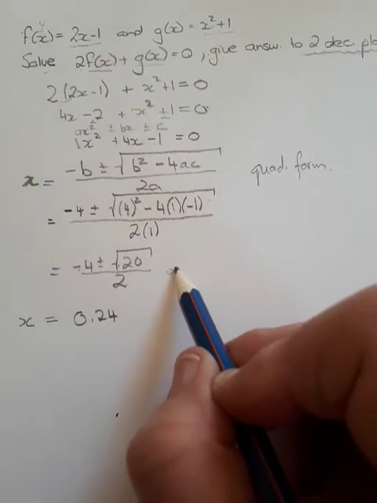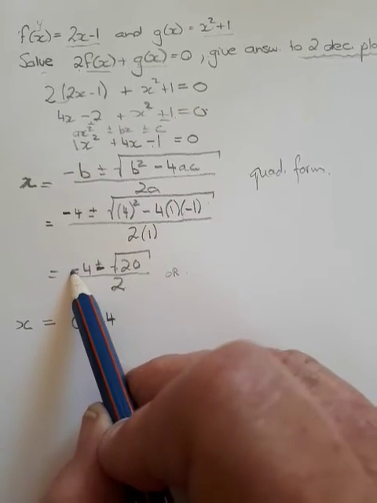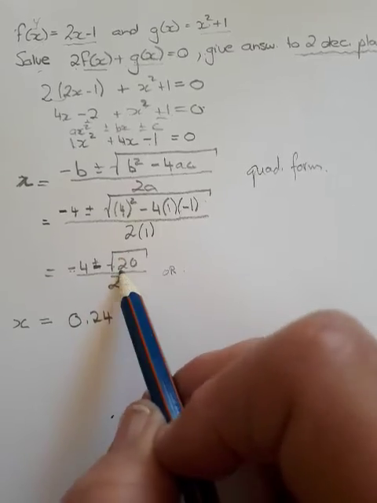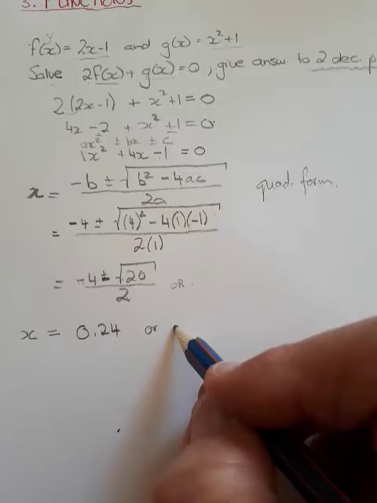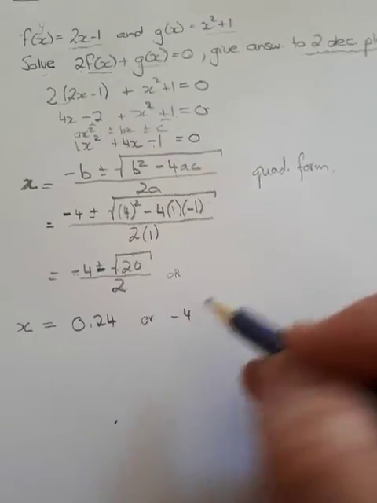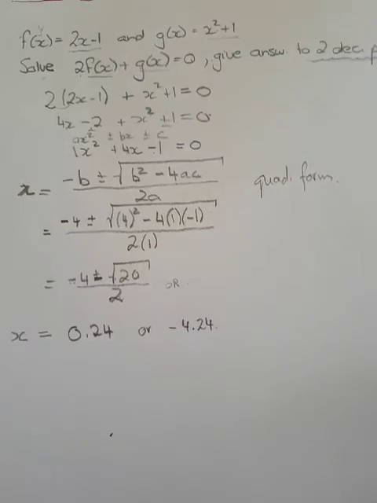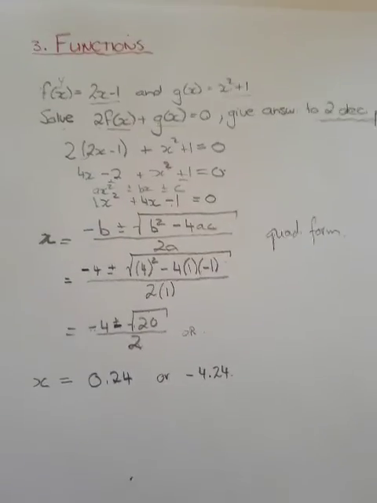Or the other possibility is where we use this minus. So you have negative 4 minus the square root of 20 divided by 2, and if you calculate that, then it gives you negative 4.24 as a value.